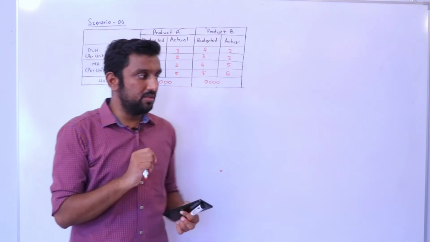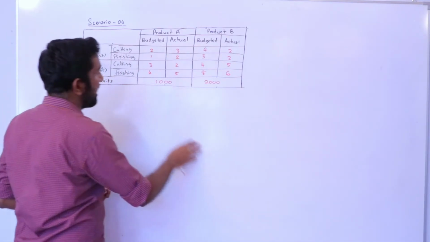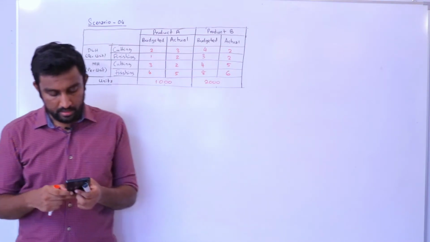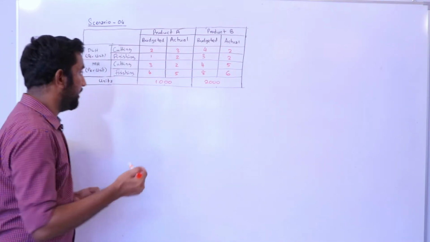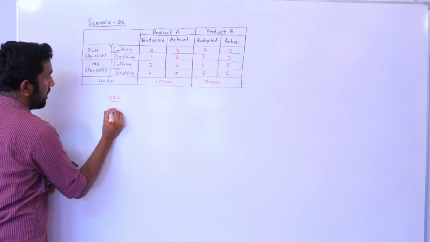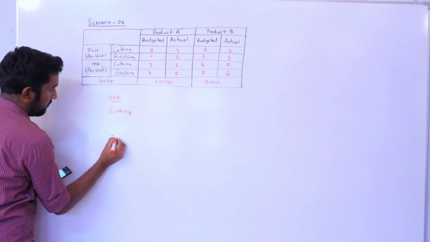This is one of the good questions where you can understand the entire chapter. The first question is OAR again, with two departments, cutting and finishing.